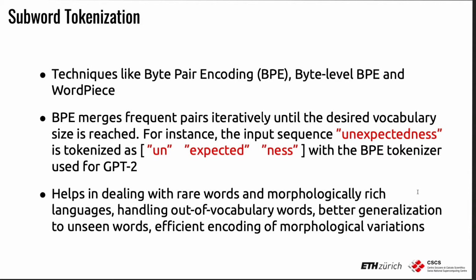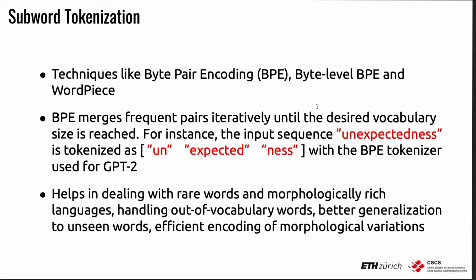For instance, unexpectedness, which is maybe not a word that appears too commonly in text. Instead of having that word in the vocabulary, the tokenizer will see it and say, okay, it's not in the vocabulary, I'm going to look if I have pieces, and I will make it from other pieces. Here maybe it has an, because an is a piece the tokenizer decided is in the vocabulary, since it can be used for many other words as a common prefix, let's say.